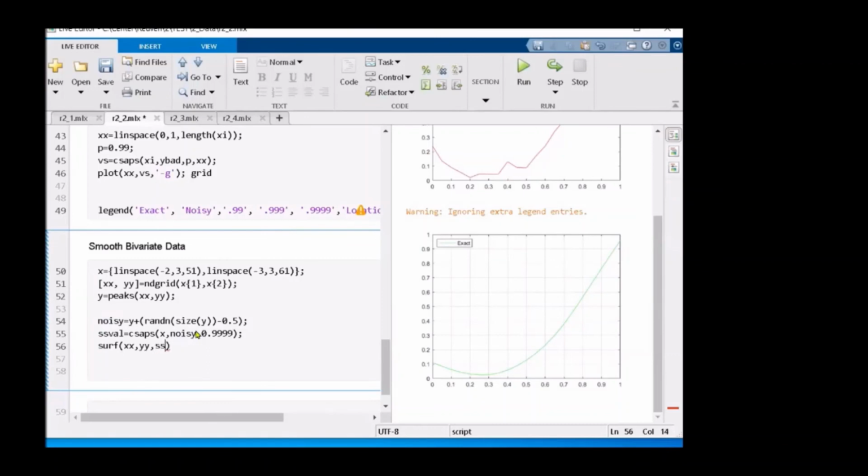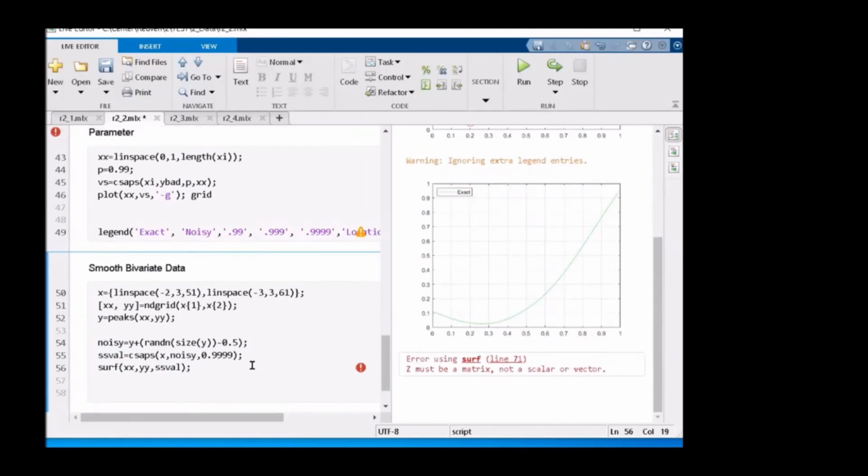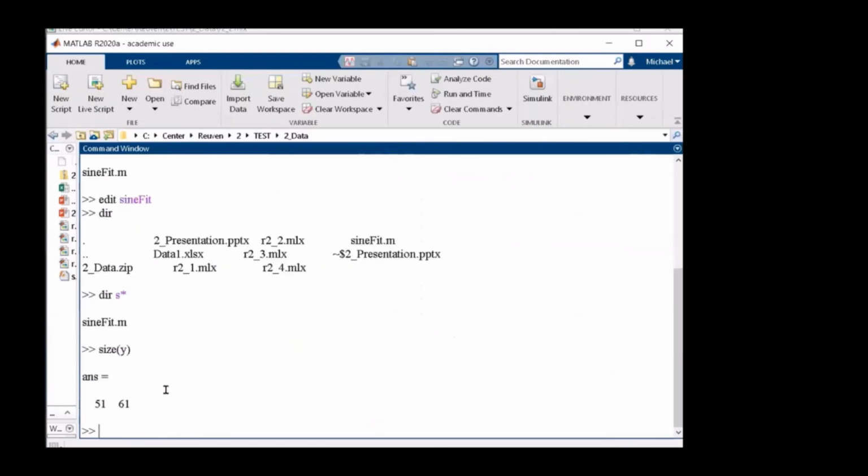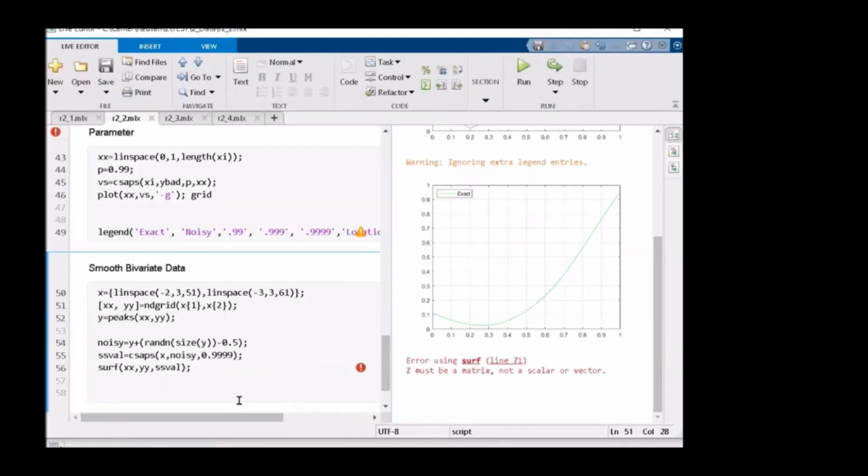Now we can plot it, and it should be our function. Okay, let me check if it works. No, it doesn't work. Why doesn't it work? Again, noisy, we have peaks and the grid. Let me check if y is the 3D function. Yeah, it's okay.